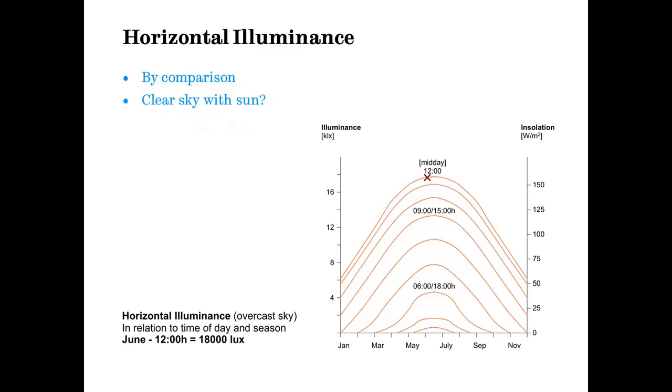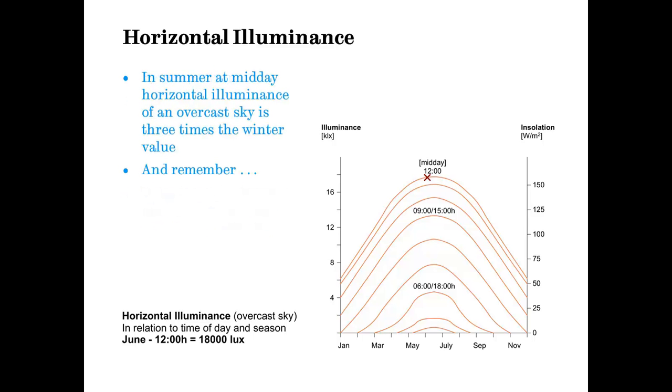If we now compare that with a clear sky where the sun is visible, the typical horizontal illuminance from a clear sky in summer might be 100,000 lux. So if you compare that, with an overcast sky, we are looking at about 18,000 lux in summer.